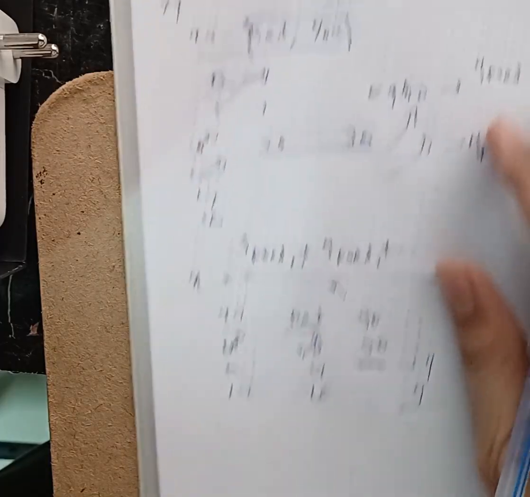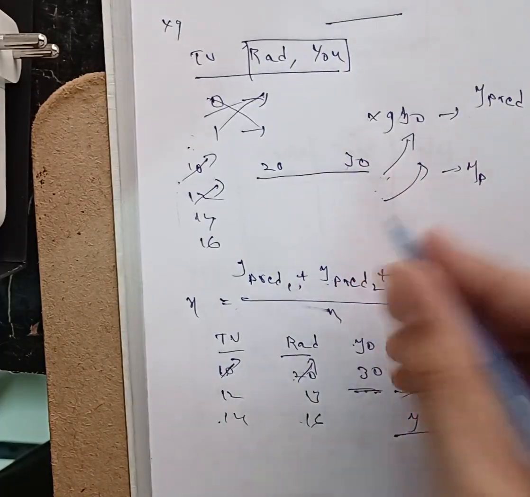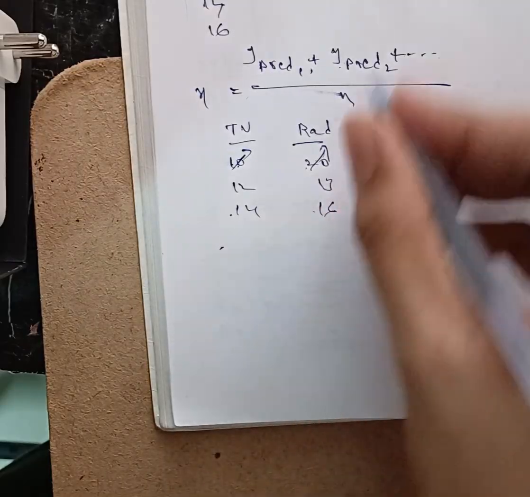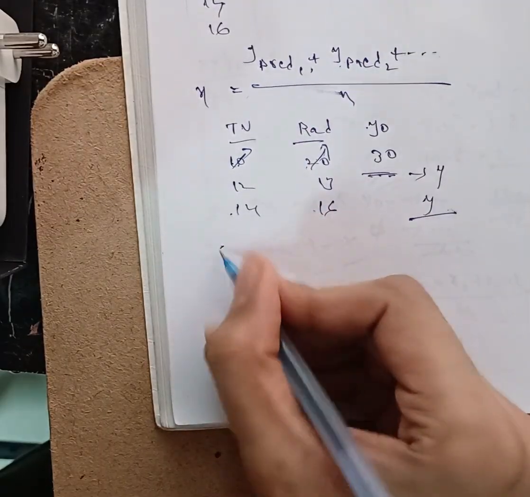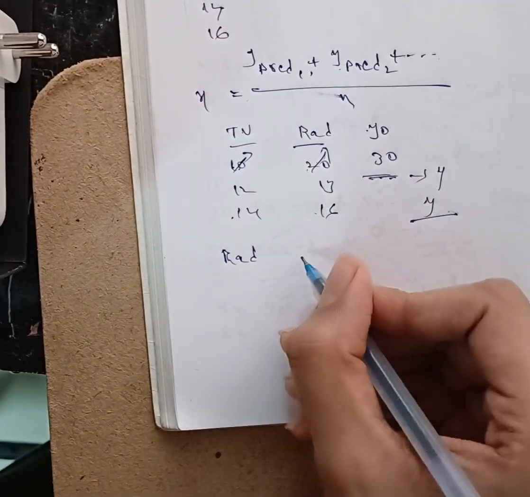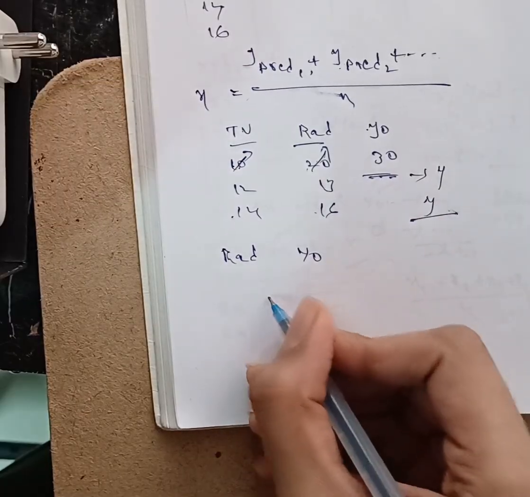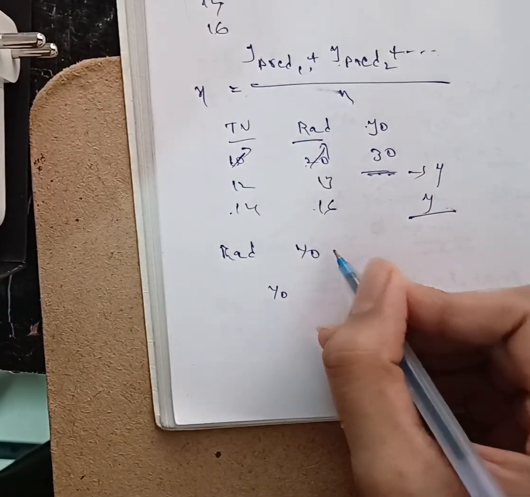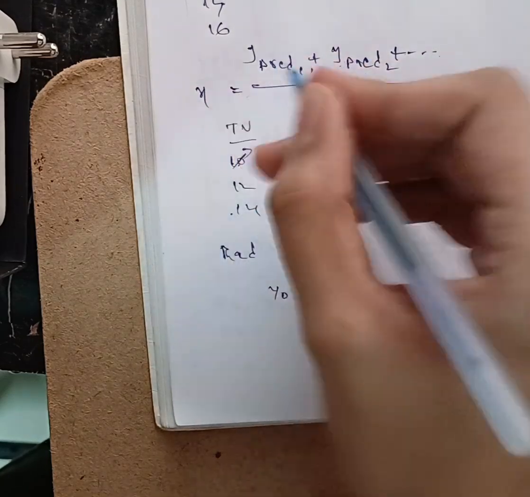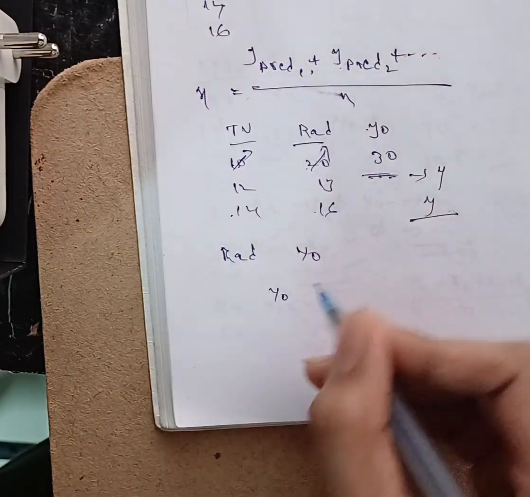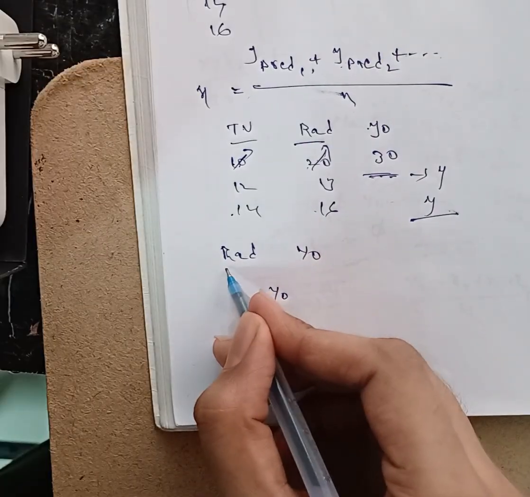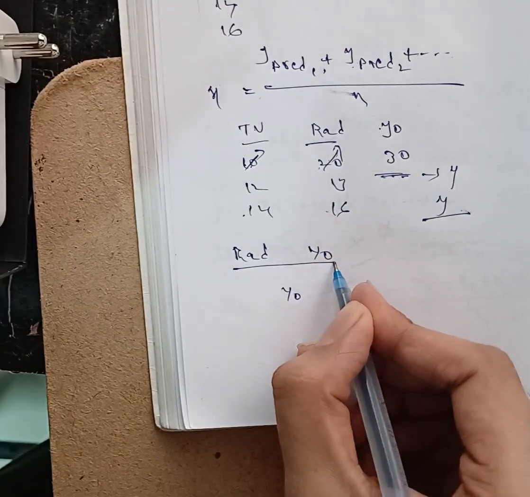Now here, what exactly do we get? We get values for radio and YouTube, and only YouTube. This particular x is nothing but the value that we get when we use only these two features.